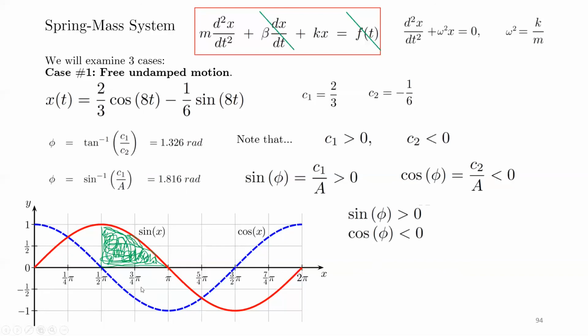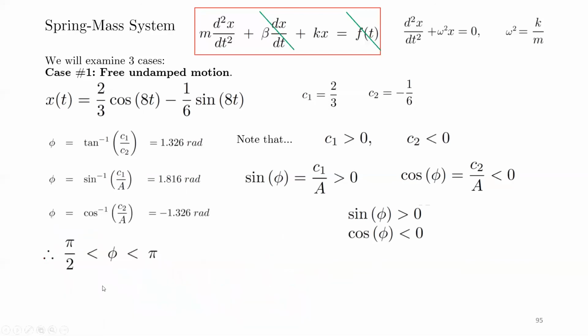Okay, so we know that our phase angle phi has to be between these two numbers, pi over 2 and pi. If I write that in terms of numbers, pi is of course 3.14 something, so phi has to be in this range here, 1.57 to 3.14.